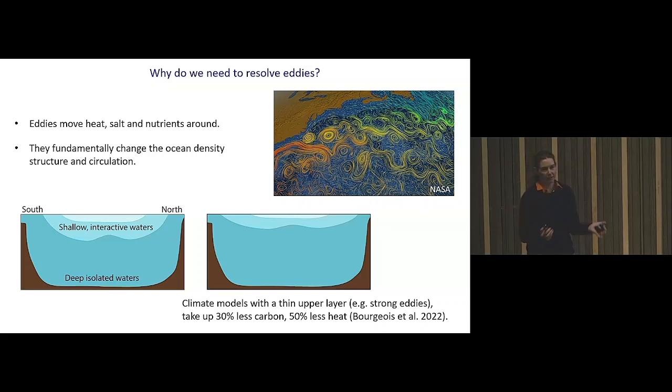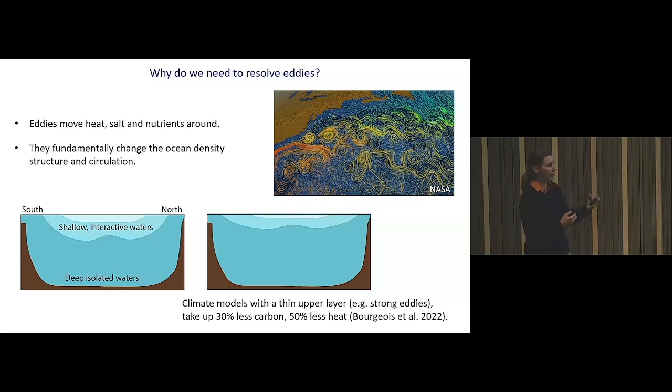And if we look at the climate models, the whole range of international climate models across the world, and compare models that look more like this to more like this, we find that models that have this thinner upper layer of the ocean have a lot less capacity for taking up carbon and heat, because most of the carbon and heat that the ocean is now taking up is stored in the upper kilometre or so of the ocean in this upper layer.